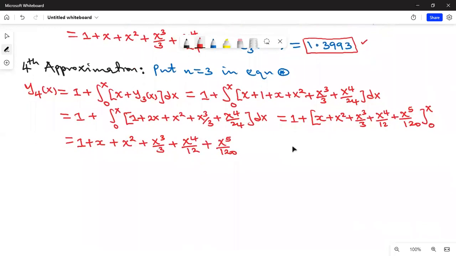We want to know the value when x is 0.3. So you can say that therefore y4 when x is 0.3, where there is x, you put 0.3 and press in your calculator, you need to get 1.3997.